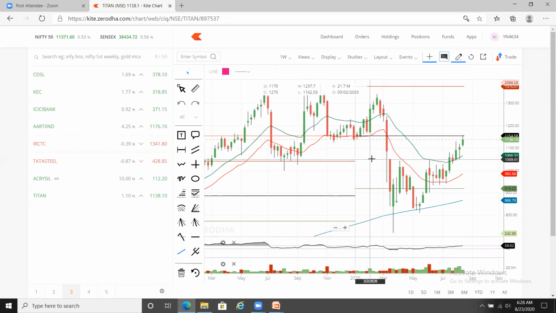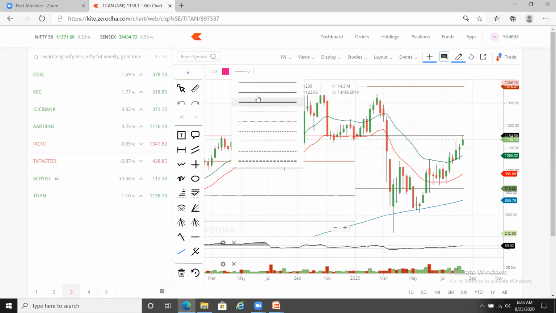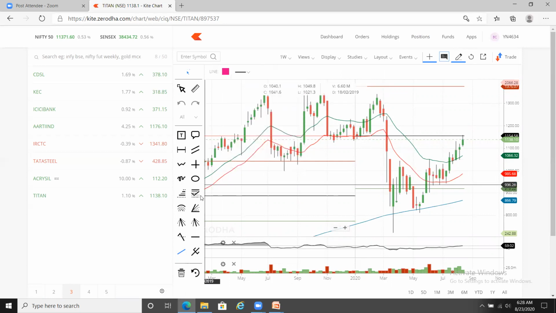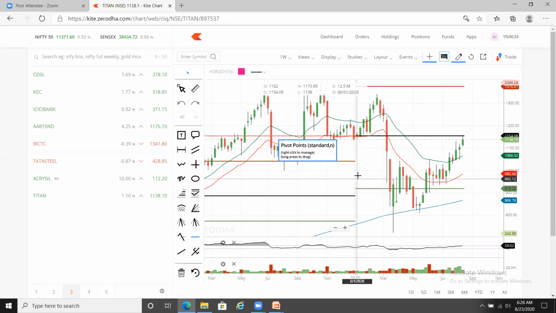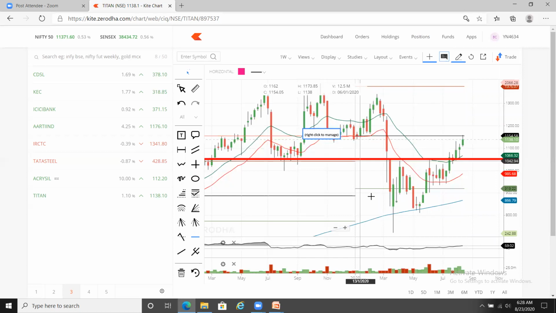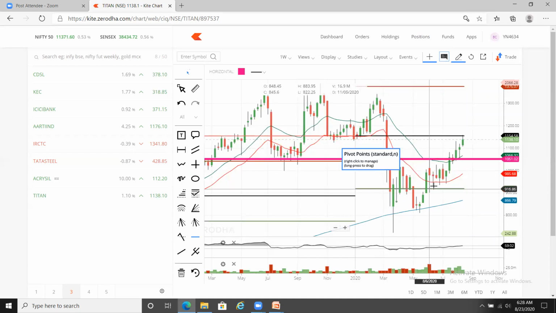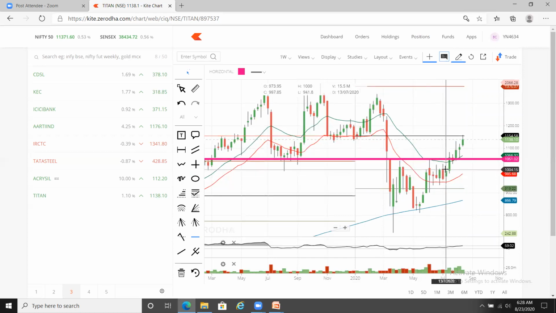This was the level which I saw in my charts. If I come around July, it was actually staying below that level.